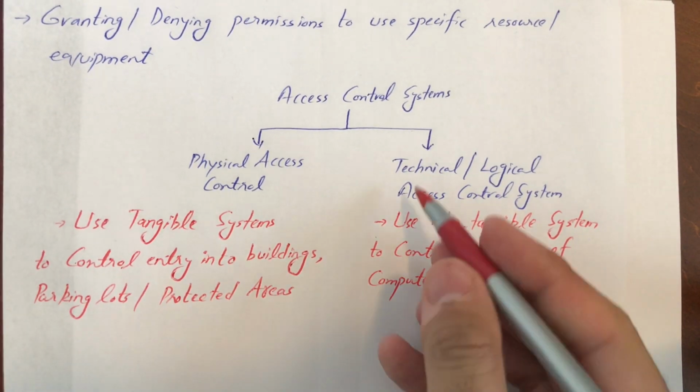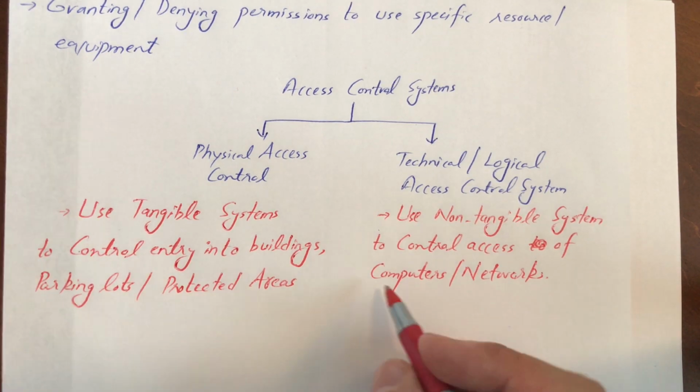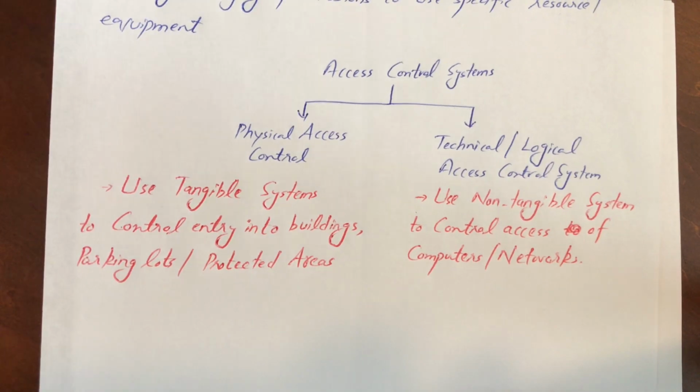This is called technical or logical access control. You can say technological restrictions to control the access of a computational system, for example username, password, and all that kind of stuff.